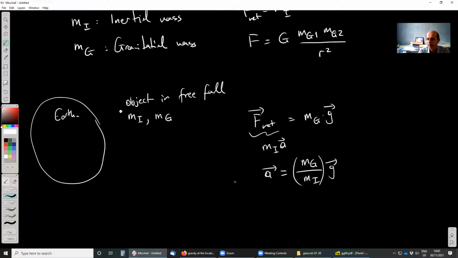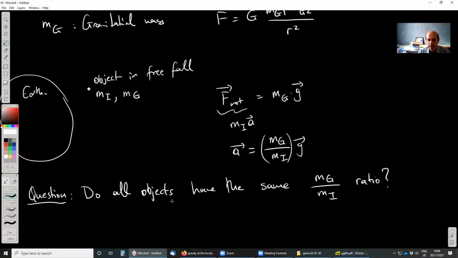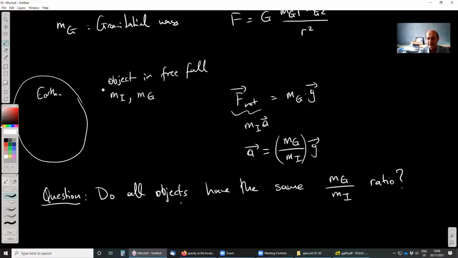So here the question is something like this: do all objects have the same mg divided by mi ratio? That's the first question that we ask right now.